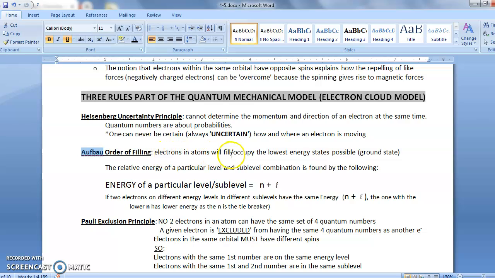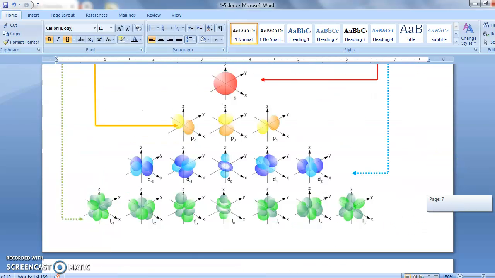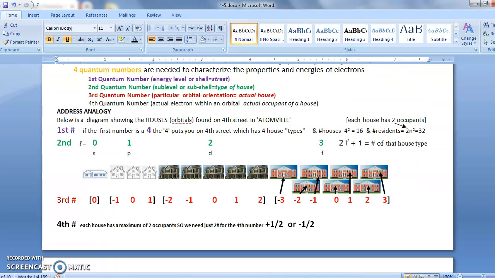And it'll try to fill the lowest energy level and then fill the lowest energy sublevels on a given level that has more than one sublevel. So if we are on the 4th level, or 4th street, the electrons will fill 1st, 2nd, 3rd street first, and then they'll begin filling 4th street.